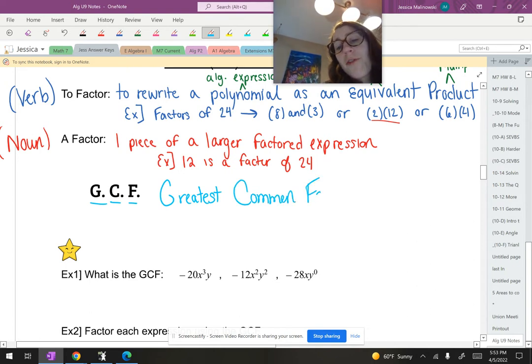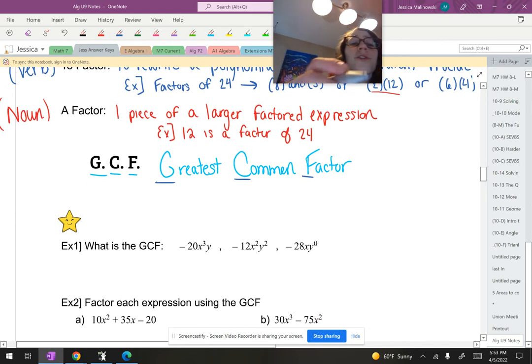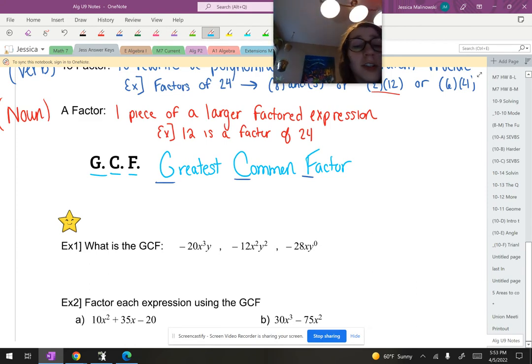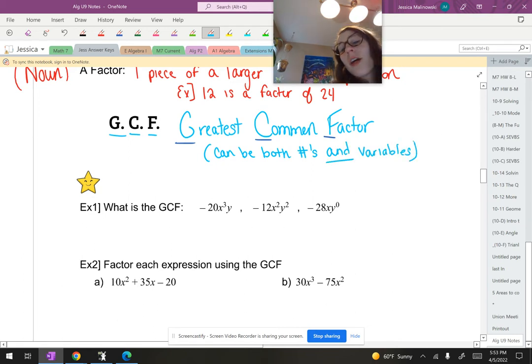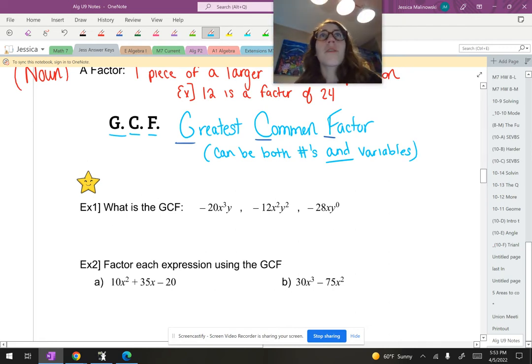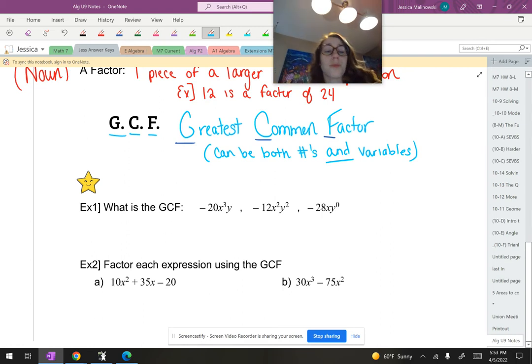The only difference now is because now that you're older, your GCFs are now going to be both numbers and variables. So instead of having a GCF like 4, you're going to have GCFs like 4x or 4xy or 4x squared or something along those fun lines.